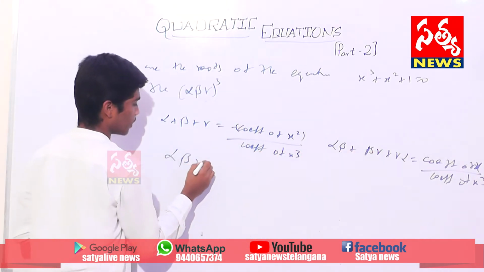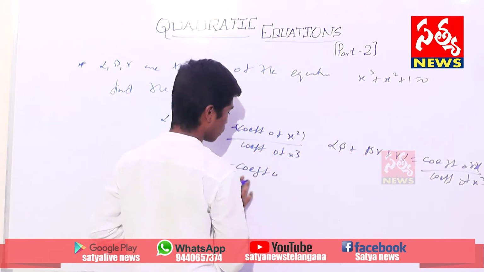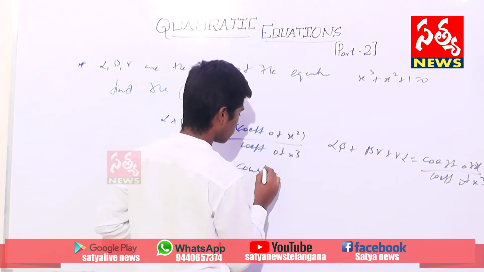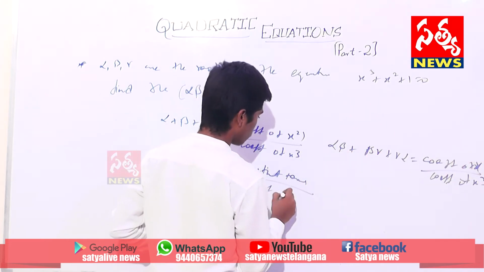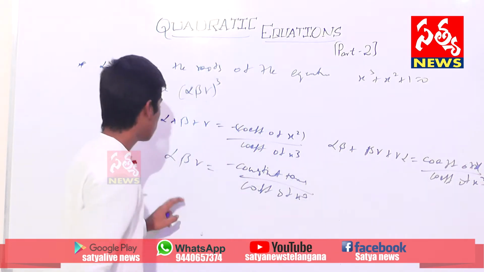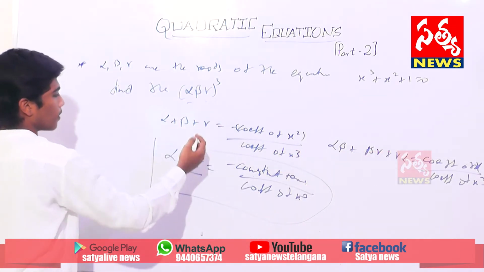The last is alpha beta gamma = minus constant term by coefficient of x^3. So we require this, (alpha beta gamma)^3 we required.